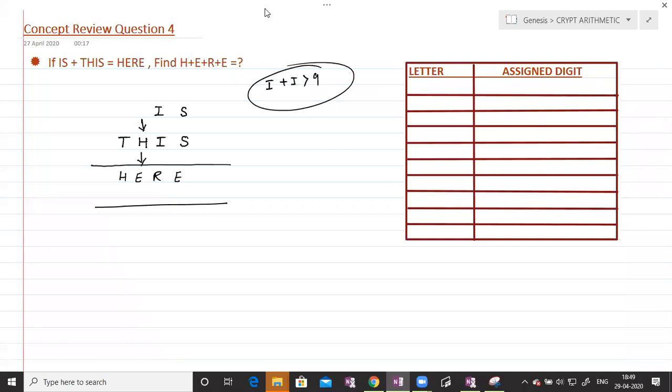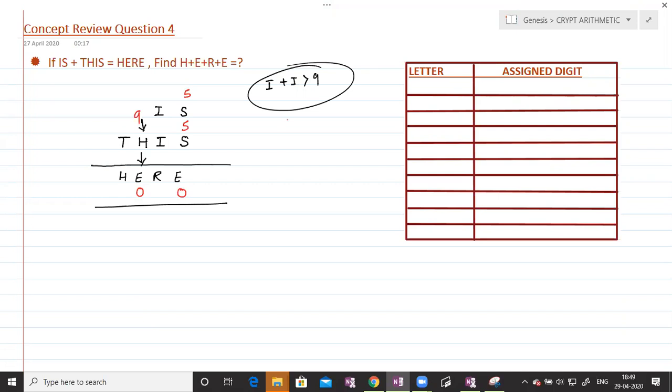So now H becomes E. I'll take the red ink. H must be 9, so that E should be 0. Now, if E is 0, what about S and S? 5 plus 5 is the only possibility. Remember, I plus I should generate a carry of more than 9.